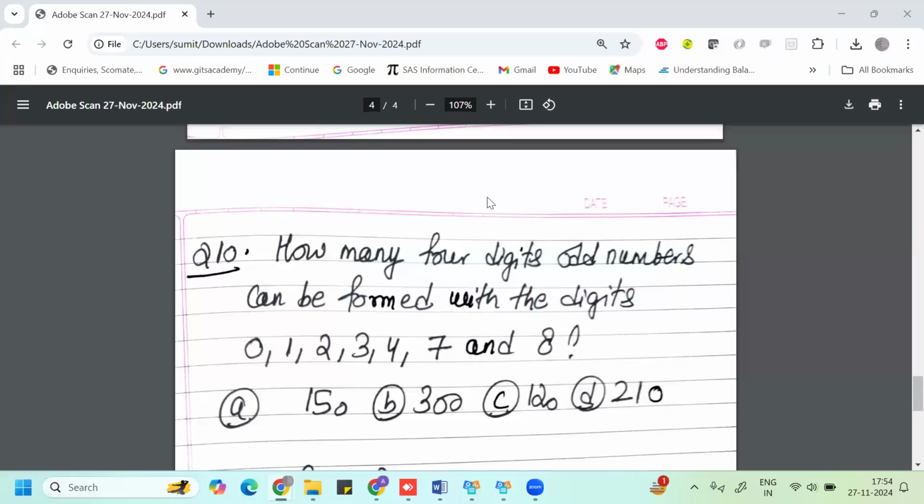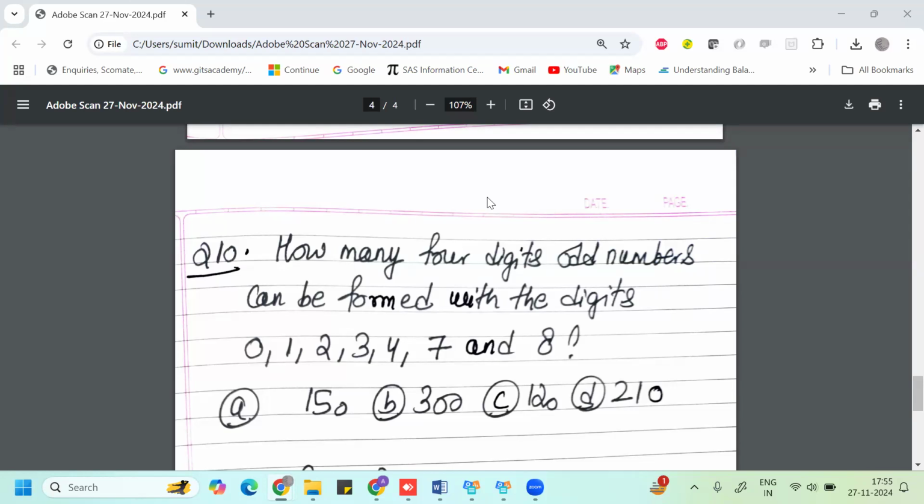Answer is 300. Same way, 4-digit odd number. Use the same logic. The number cannot start with 0. And because you need an odd number, it should end with 1, 3, or 7. So in the last place, any of 3 digits can come, either 1, 3, or 7.